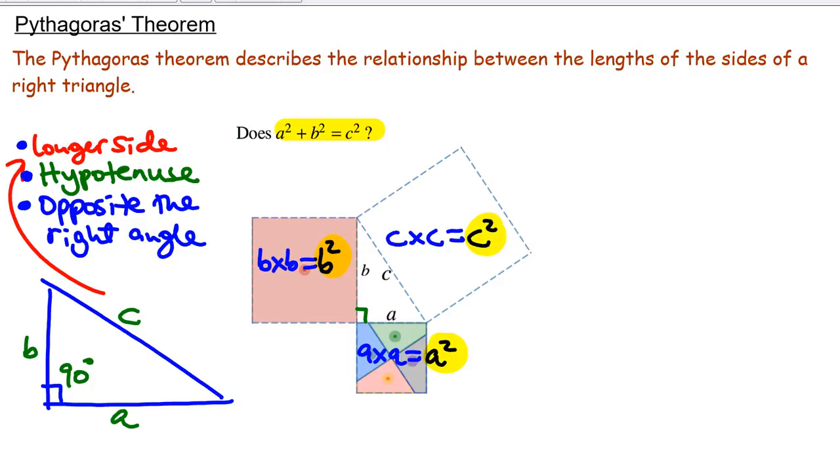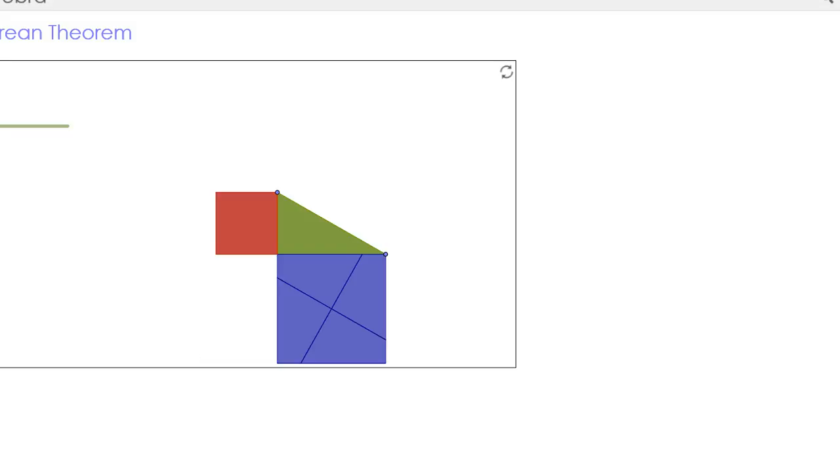Now, to visualize that, I'm going to use an application here to help you visualize the relationship between the sum of the squares of the shorter sides and the square of the longer side. So I'll start by moving the sum of the squares of the two shorter sides, or the areas formed by the two shorter sides, and see what happens.